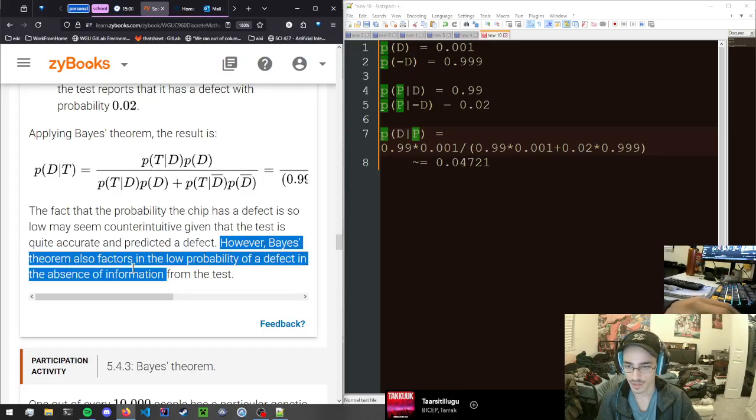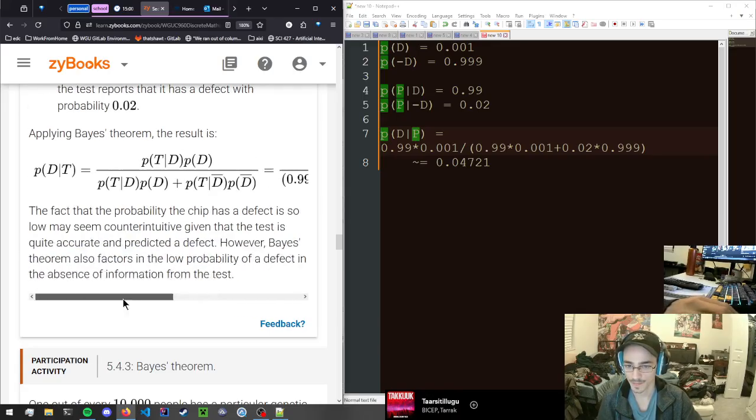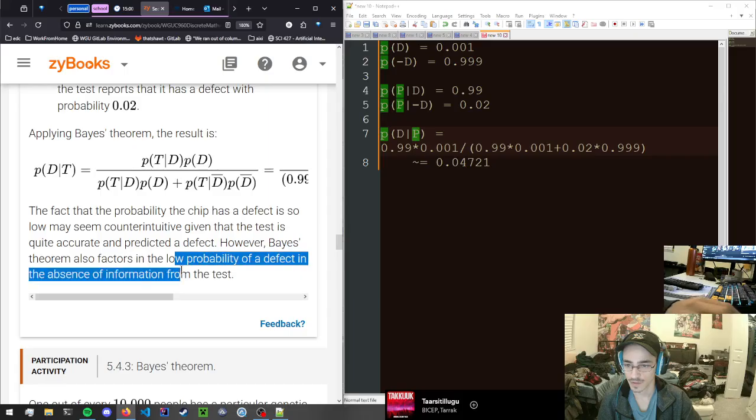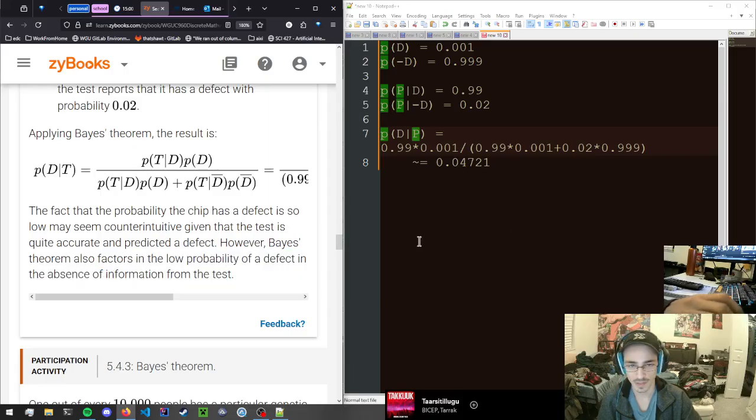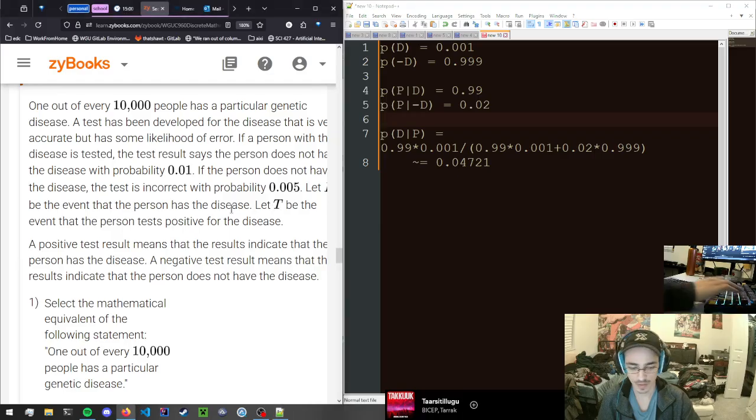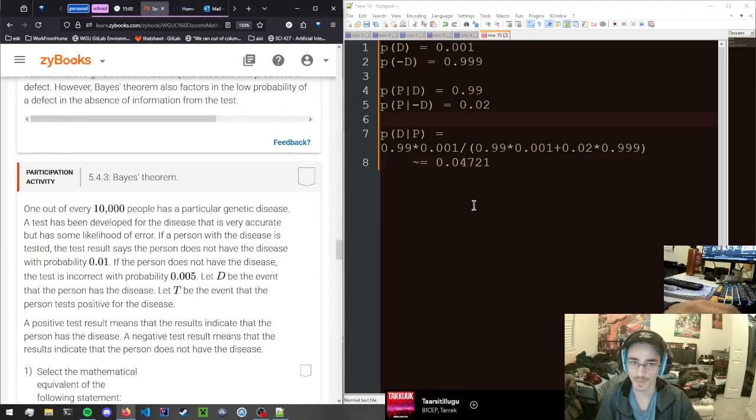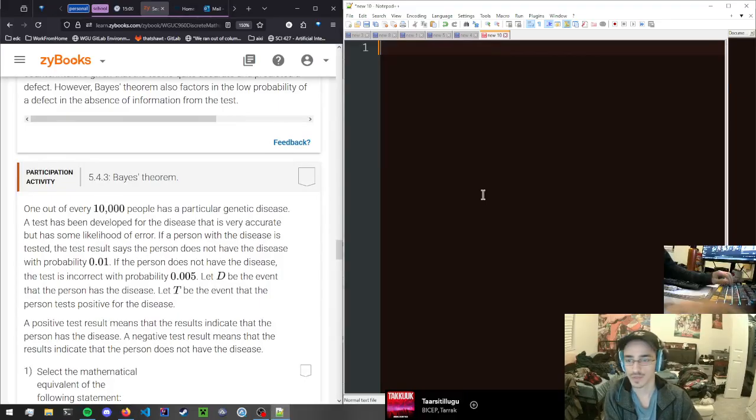But anyways, it says it factors in the low probability of a defect in the absence of information from the test, whatever that means. I don't know what that means, bro. Whatever. Alright, well that was pretty simple.